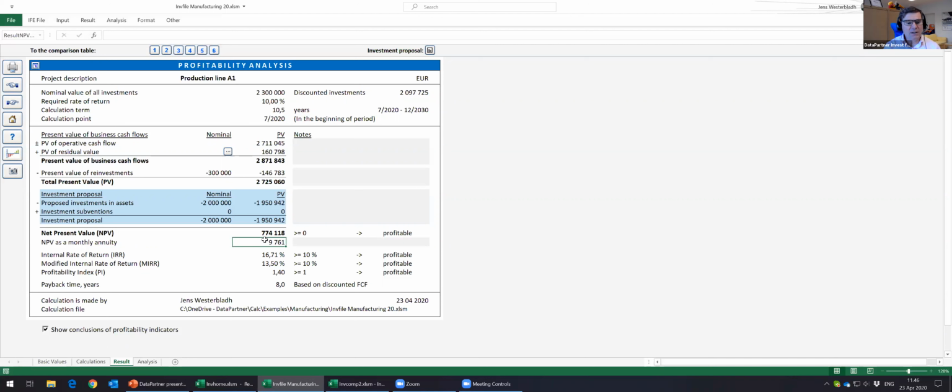So you make two calculations. But for the old machinery, when you don't have a negative cash flow in the beginning, you cannot calculate IRR, you cannot calculate payback. So you only calculate net present value. For the new investment, you can calculate IRR and payback because there is a negative cash flow in the beginning.